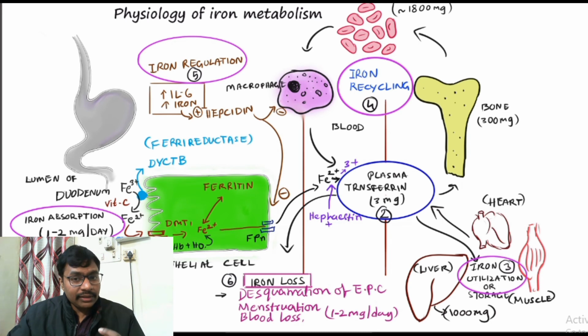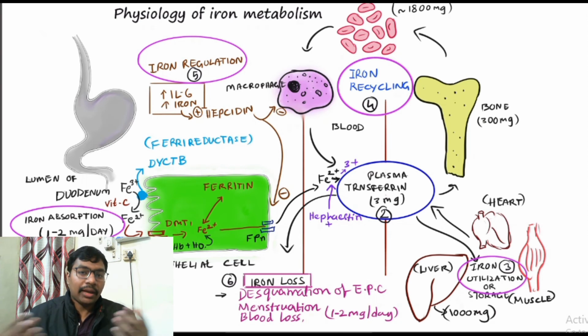And now surprisingly, the regulation of the iron is very dramatic, because iron loss cannot be controlled. If I have any injury, I may lose a certain amount of blood that cannot be controlled. So I lose my RBCs, therefore I lose my iron.